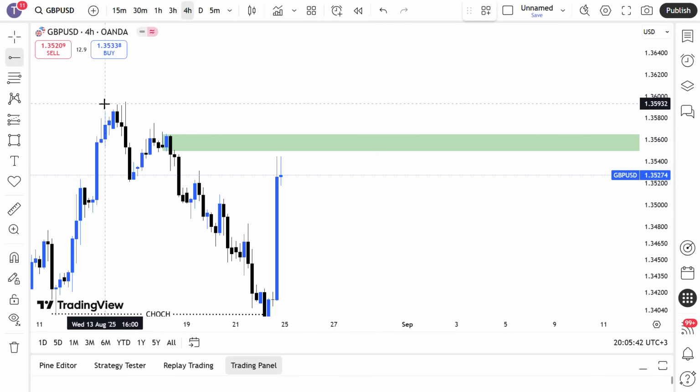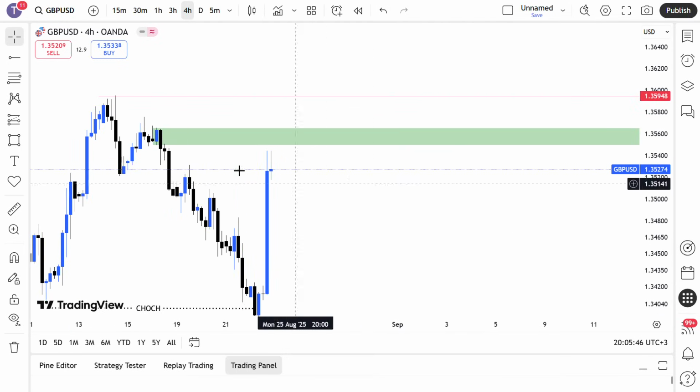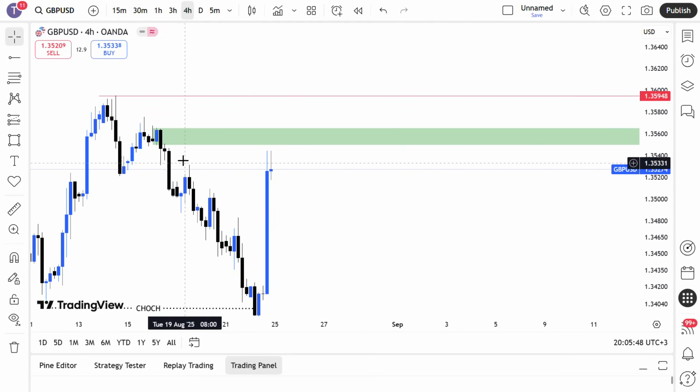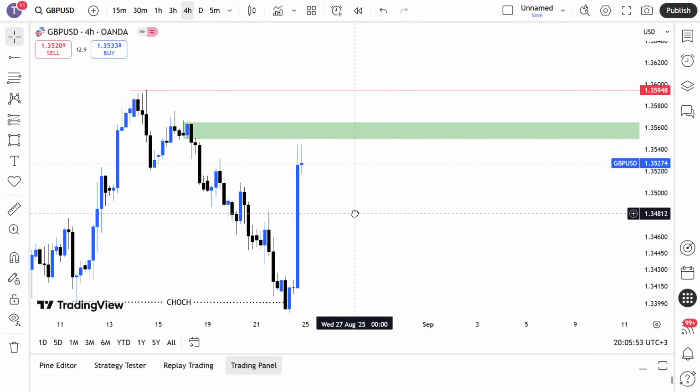I want to tell you one thing: if you don't have any good order block for your entry, just make sure that you don't enter any position unless you have a confirmation.